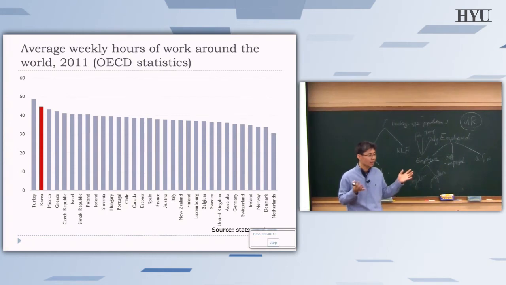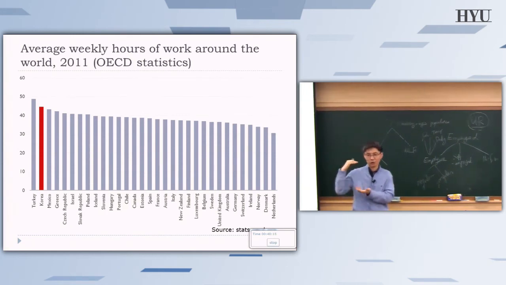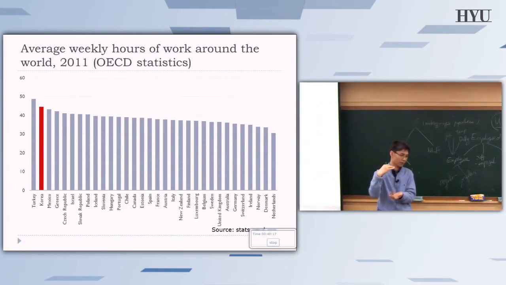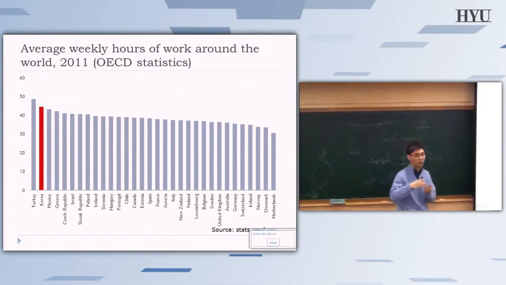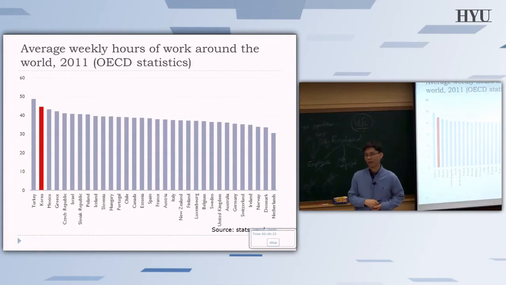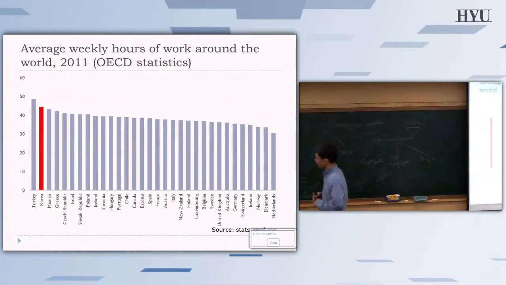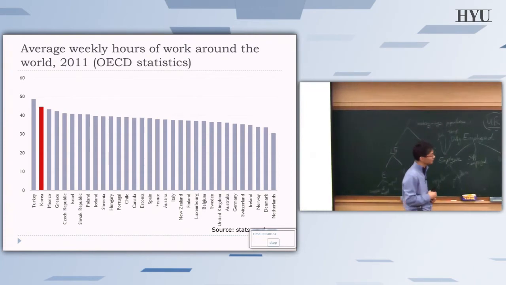It's just that in Korea we have a very small portion of part-time workers, and these European countries tend to have a larger proportion of part-time workers. So it's not like the Germans work only 30 hours a week.